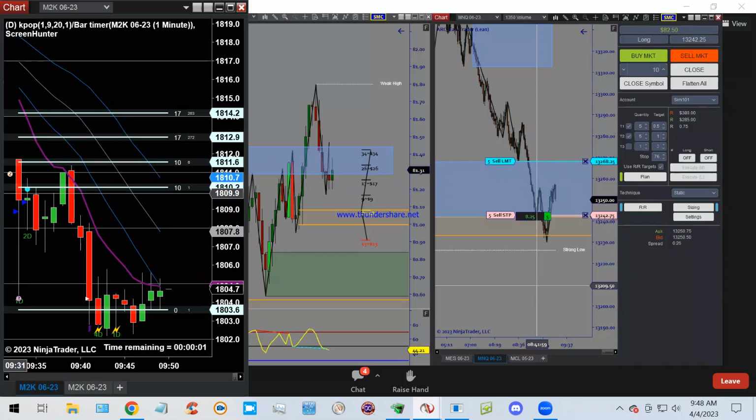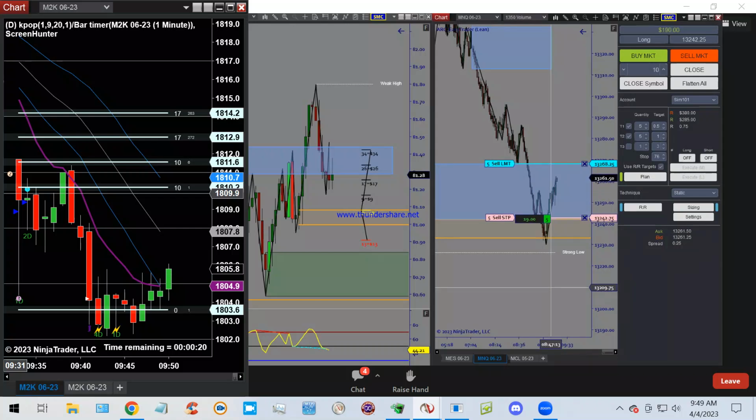Push up in Q. Let's push up. Let's go. Give us our second target.